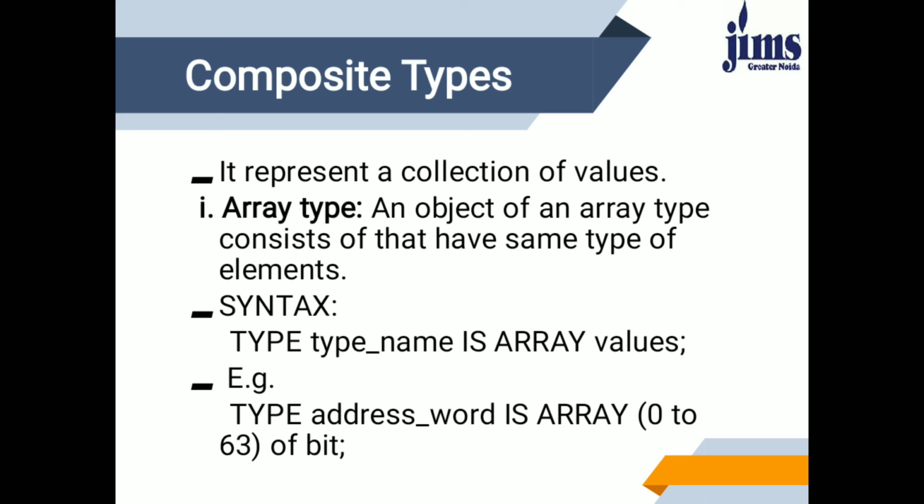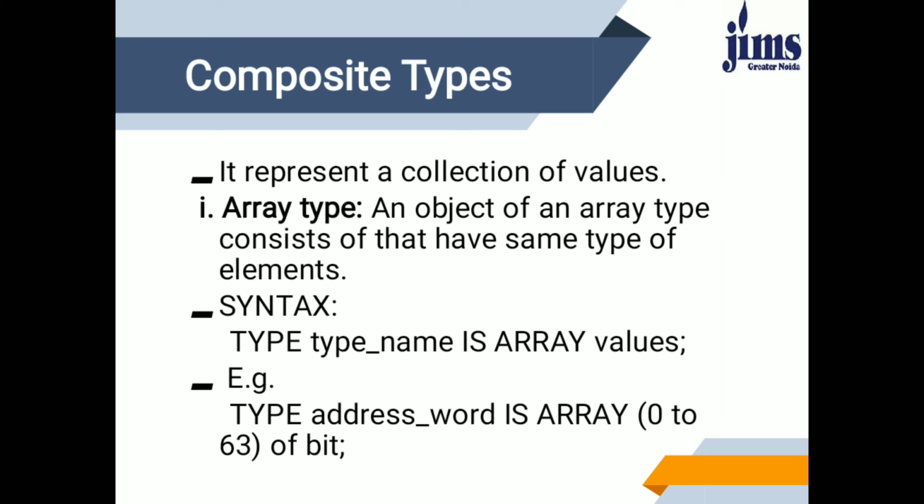Now, if we talk about deeper for array type, then we will see that an array object is a composite object consisting of elements that have the same subtypes. The name for an element of an array uses one or more index values belonging to specified discrete type.